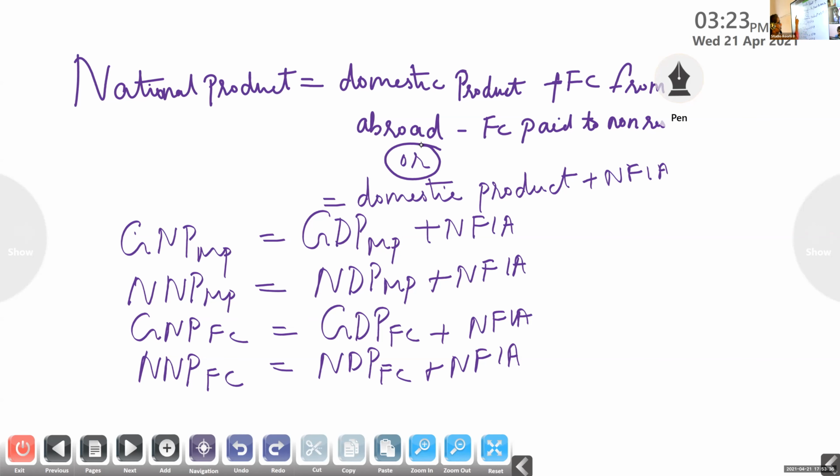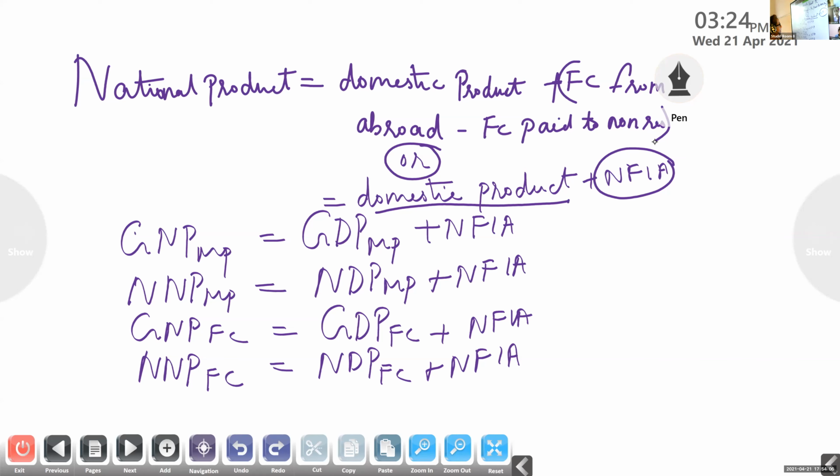To get the national product, take domestic product plus NFIA. This NFIA is the one I have given here. Whichever is easier for you, you can copy it. What is this NFIA? That is what I have given here.